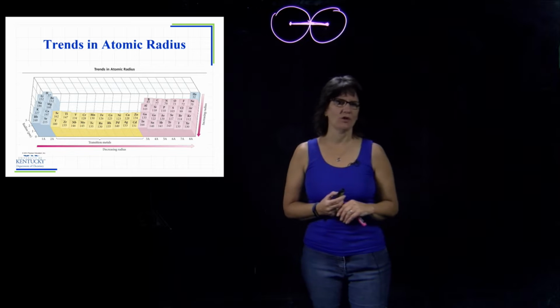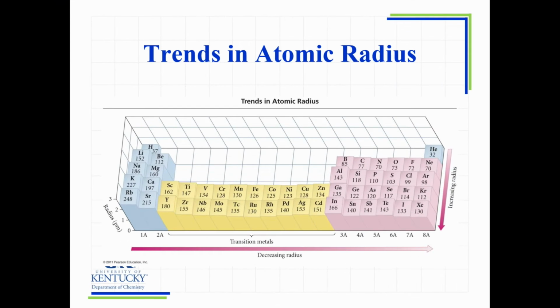Now, here is the trend. We're going to learn the trend, and then we're going to learn how and why the trend is the way it is. As we move to the right on the periodic table, the radius is getting smaller, it's decreasing.